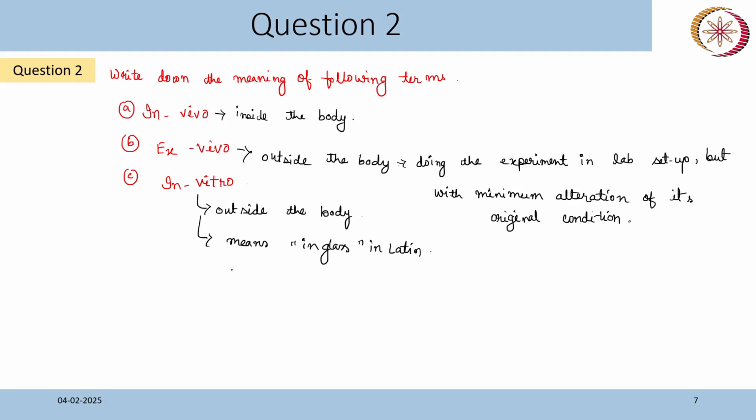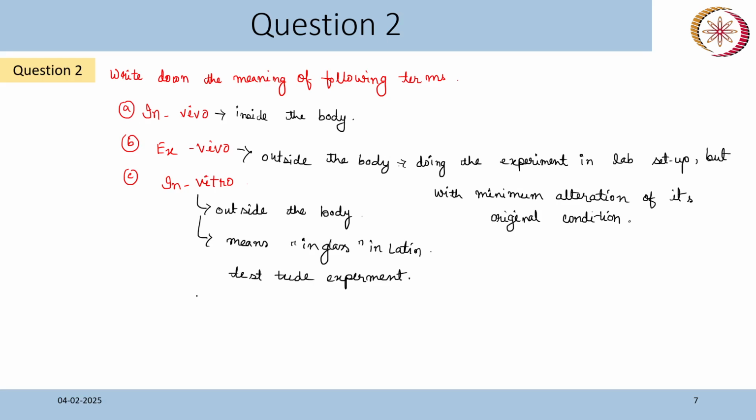So these are called test tube experiments. You normally do it in a test tube. Here, the conditions will not be exactly the same. Whatever analyte or cell you are taking will not be exactly the same as inside the body, but when it is not possible to go for in vivo and ex vivo analysis, then we go for in vitro analysis.